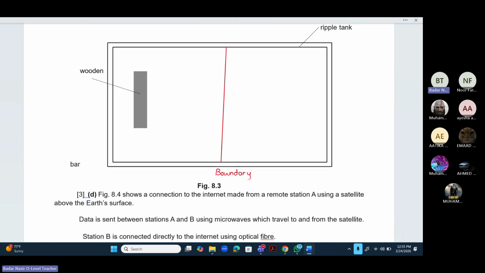So we have to show that it is traveling from deep to shallow region. The boundary is up to you, you can mark it yourself.